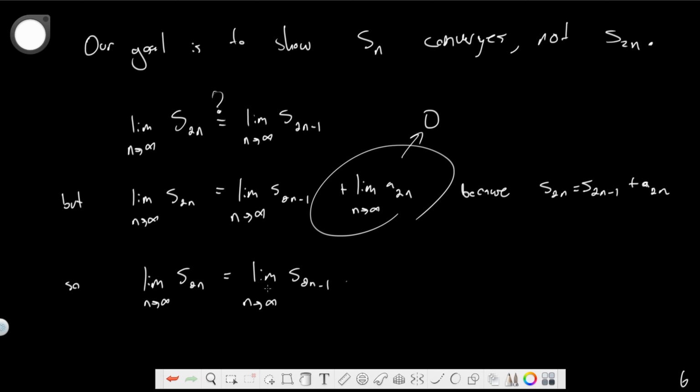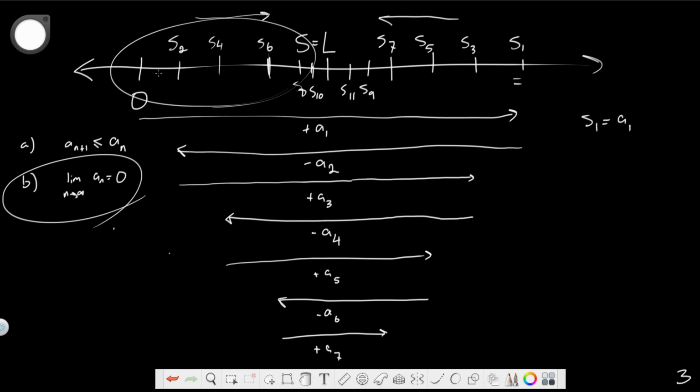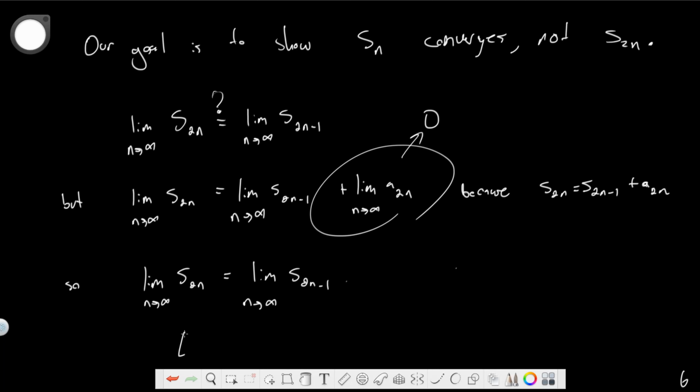This is telling me, let me go back to my picture, that both sides, the even side and the odd side, are both approaching the same value L. Thus, S sub n, the even and the odd sides, are both approaching L. Let me add my limit symbols.